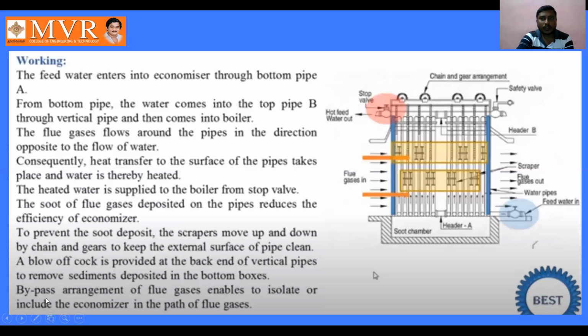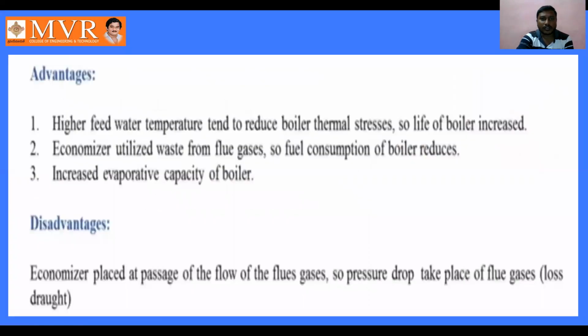The blow off cock placed at the bottom of the boiler is used to collect all the sedimentation sent by the scraper, and it takes it away. A bypass arrangement of flue gases enables us to isolate or include the economizer in the path of flue gases. This is the working of an economizer which we can observe here.